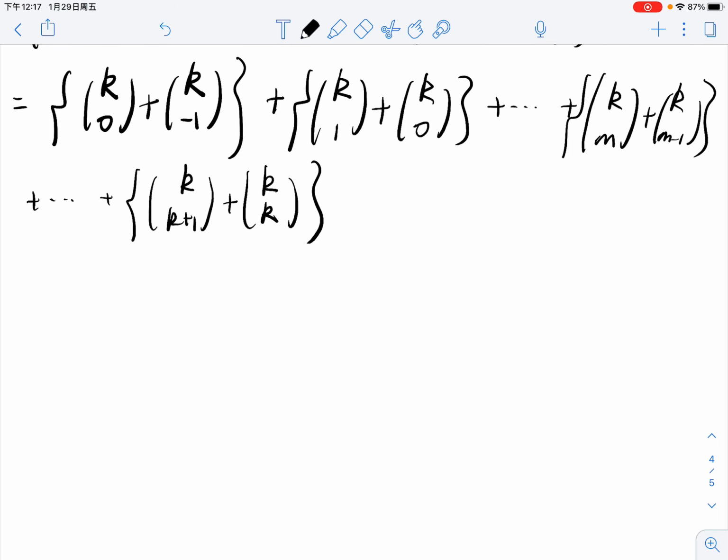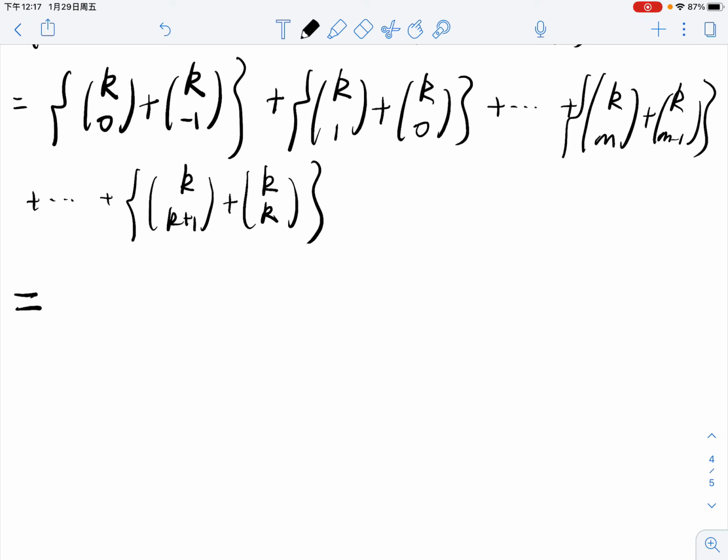Okay, then let's do the following. Notice that in each big bracket you have 2 terms, and now we want to reorganize them, rearrange them.